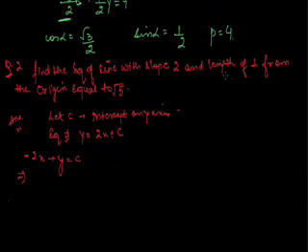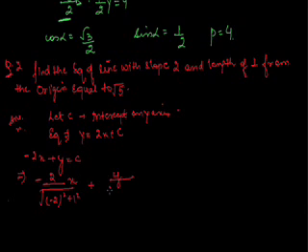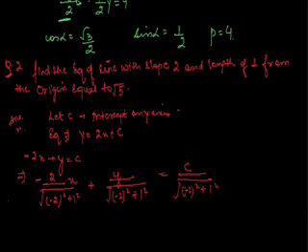Now as I have to find the line for which the length of the perpendicular from the origin is root 5, as given, I'll write it as minus 2 upon root of minus 2 whole square plus 1 square x plus 1 upon root of minus 2 whole square plus 1 square y is equal to c upon root of minus 2 whole square plus 1 square.